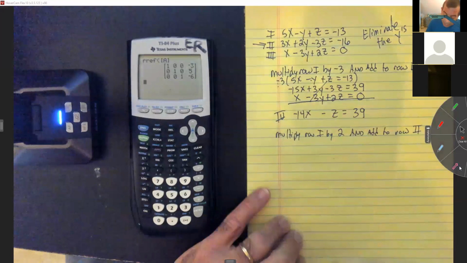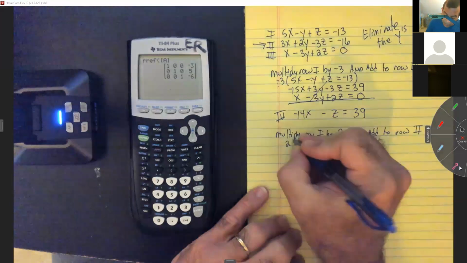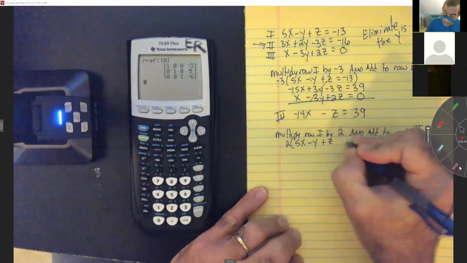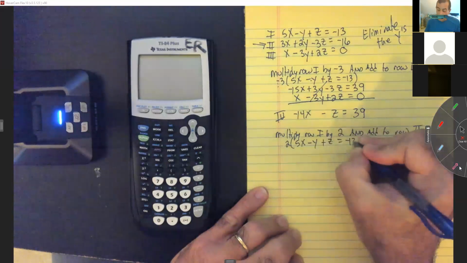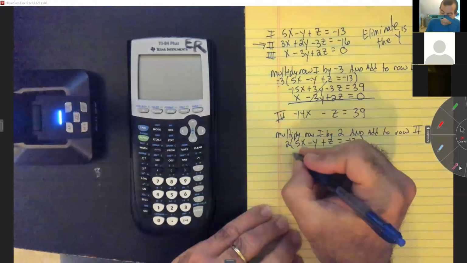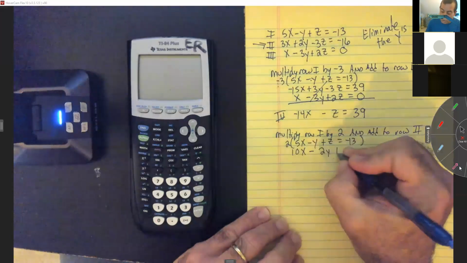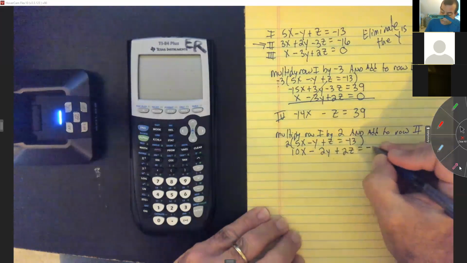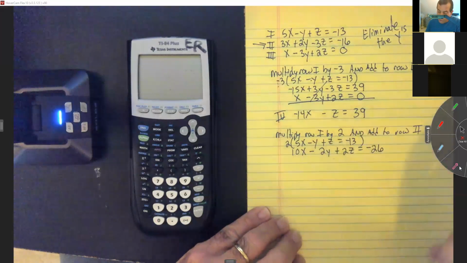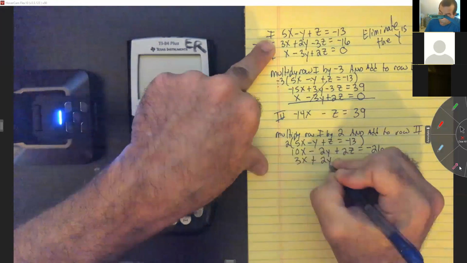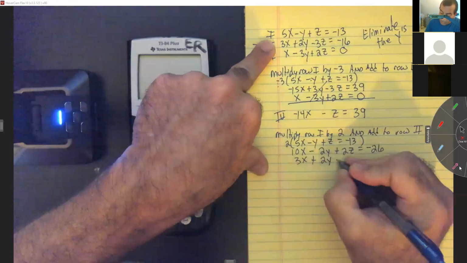Okay, so that'll be 2 times row 1, which is 5x minus a y plus a z equals negative 13. So let's see what we get. We get a 10x minus 2y plus 2z equals a negative 26. Bring in row 2, which was 3x plus 2y minus 3z equals negative 16.